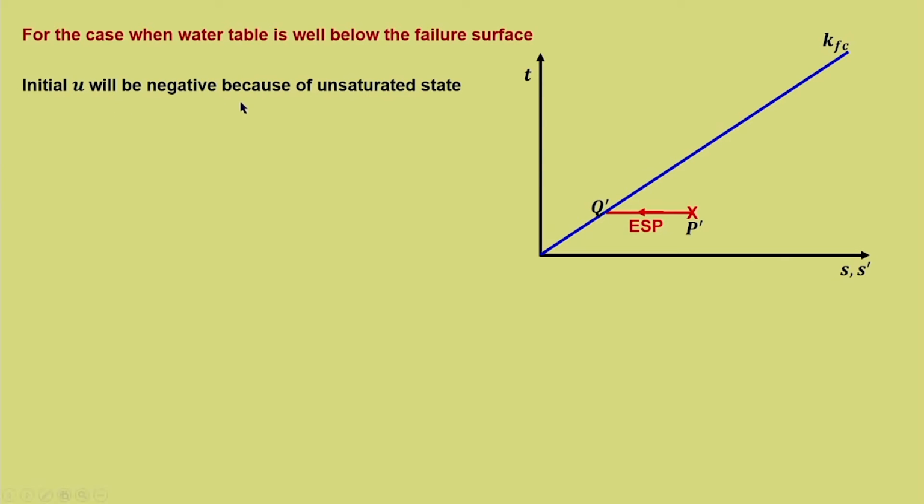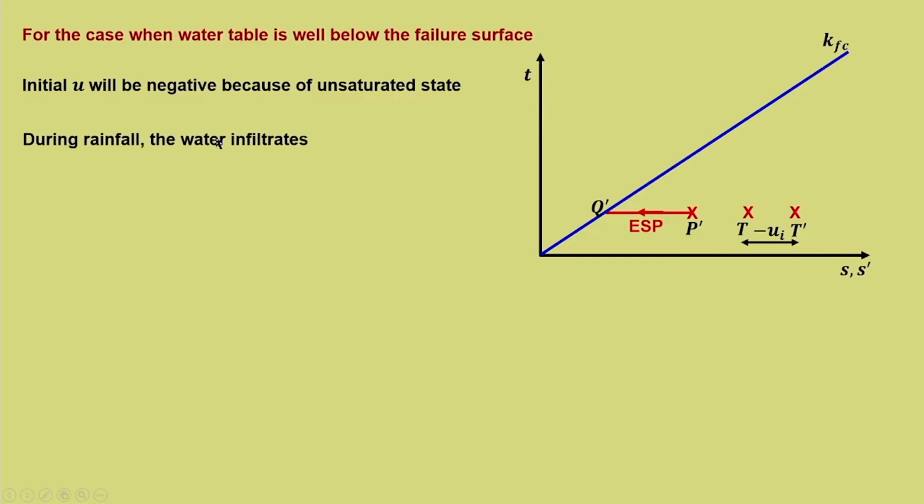So, the initial u will be negative because it is an unsaturated state. Let us say T is the initial total stress point, and there is a negative pore water pressure, so it will shift towards the right. If it is positive, it shifts towards the left. So, the initial effective stress point will be T dash.